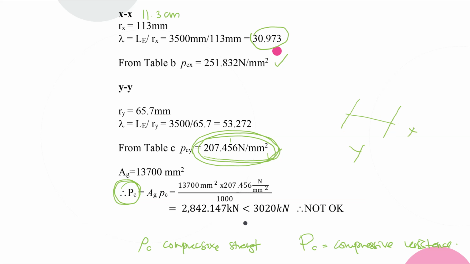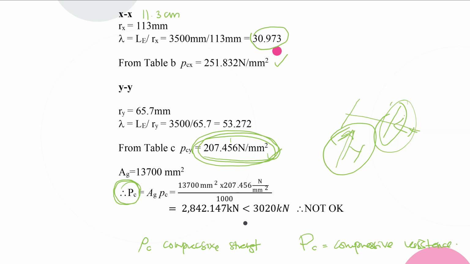So kalau this one is weaker than this one, macam mana pun okay, nanti from Y axis dia akan fail tapi X axis dia tak fail. But we cannot let it happen like that. Both of the axis can resist the compression load.